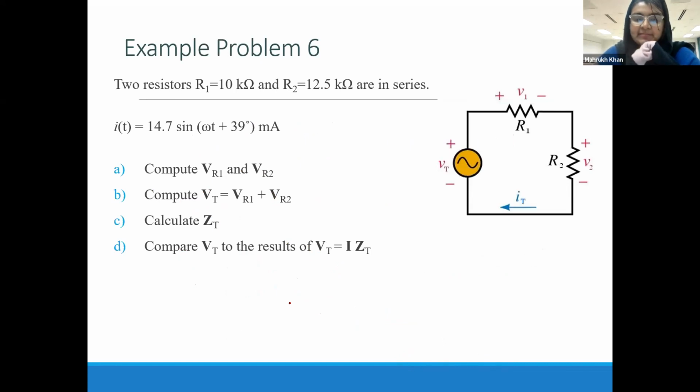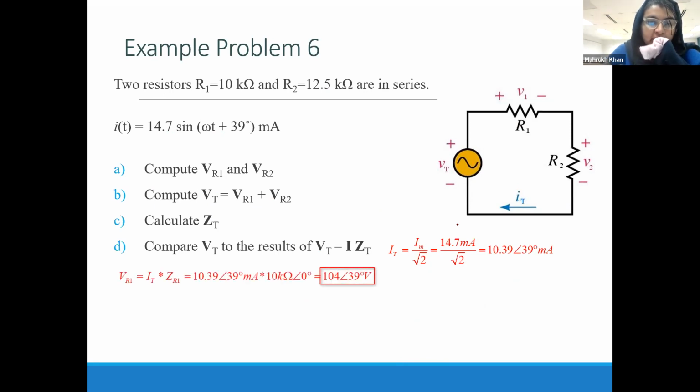Okay, let's move. Now, this is what they are saying. If you have two resistors connected like this, you have I of t equals 14.7 sine omega t plus 39, and you have to calculate VR1, VT, VR1 plus VR2, and ZT. So the total current: they have calculated Im by root 2, which is the peak current divided by root 2, and that will be equal to your total current.